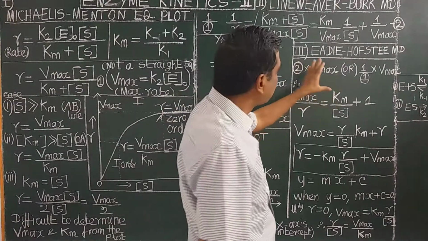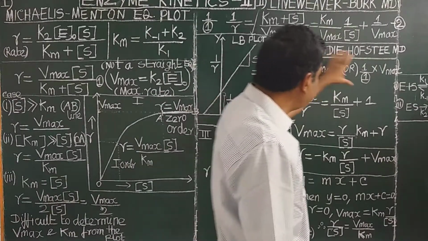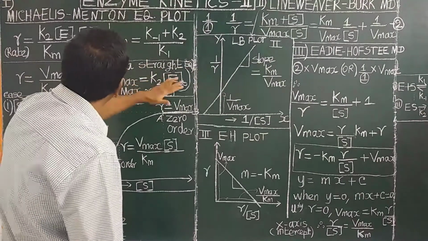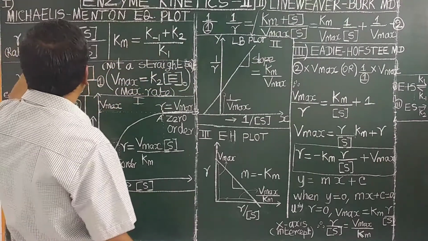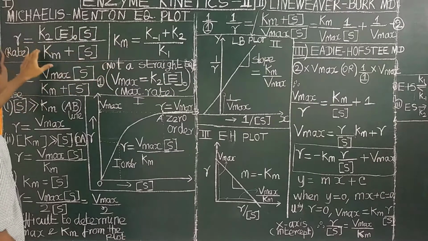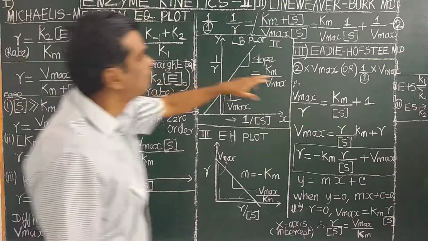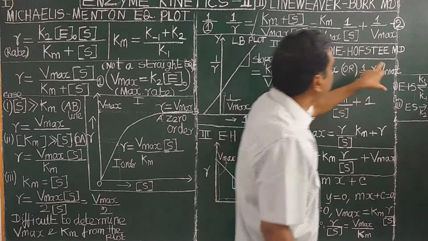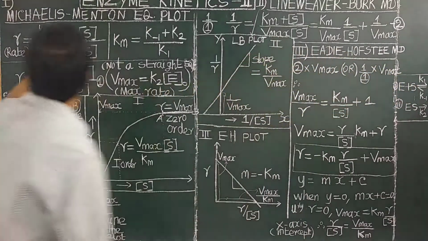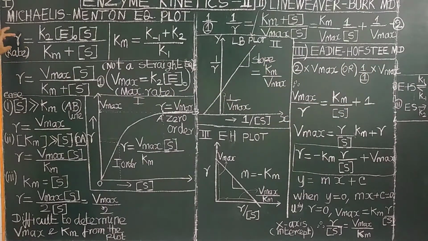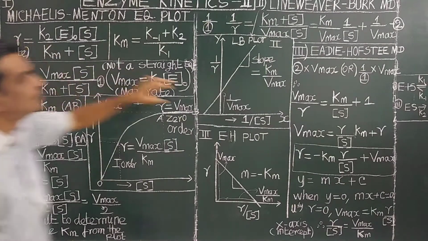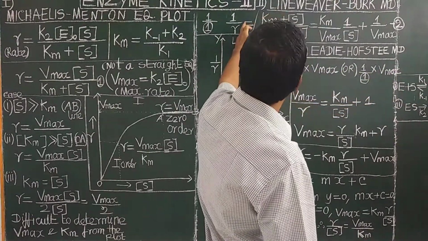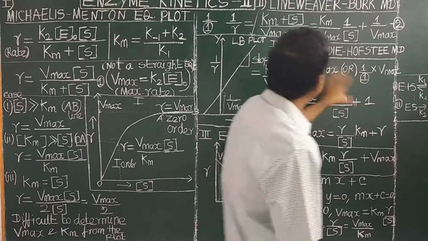In a similar manner, Eadie and Hofstee also rearranged the Michaelis-Menten equation. The equation is first inverted and then multiplied by Vmax, or you simply multiply equation 2 by Vmax.